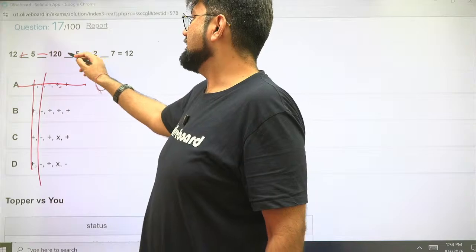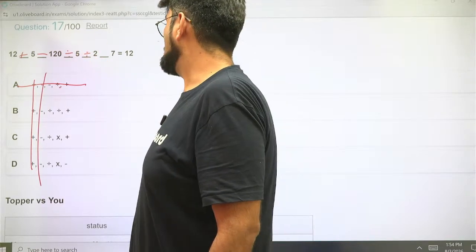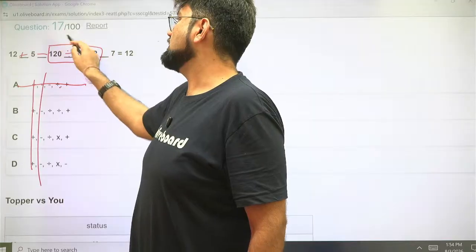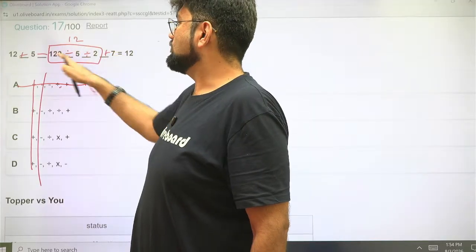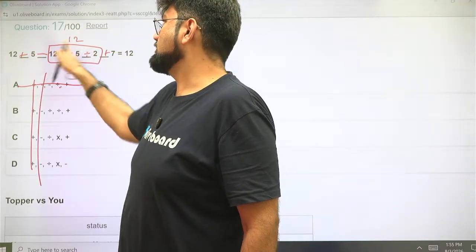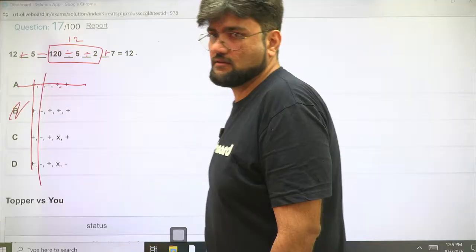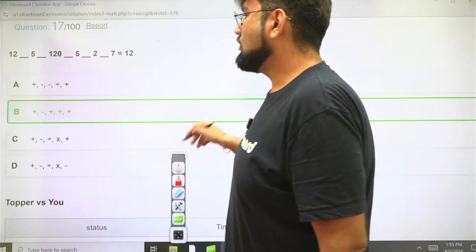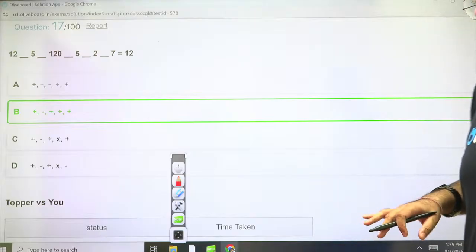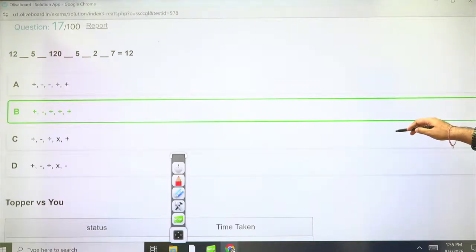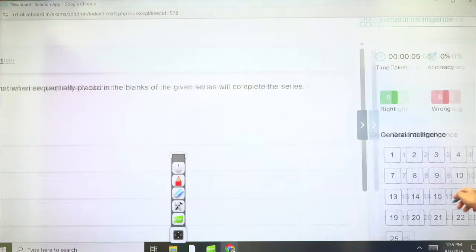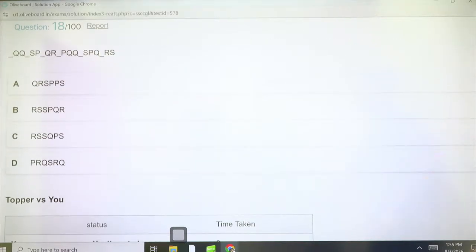But divide with a divide here, if we just check it quickly in order, 120 divided by 5 is 24, divided by 2 is 12. Now if this is 12 and in the end we have plus, so minus 12 plus and minus 12 is gone, 5 plus 7 is 12. Option B is the correct answer. We just checked it and we got the correct answer. Lot of people look at 2 divisions and they reject it right away. Okay. So 54 seconds, probably this was revisited and rechecked later on, which is perfectly fine, not a problem.